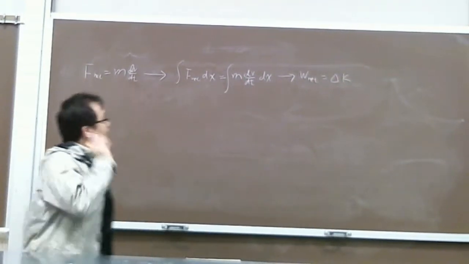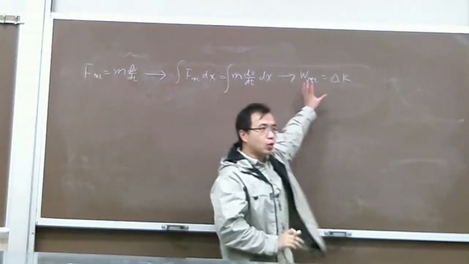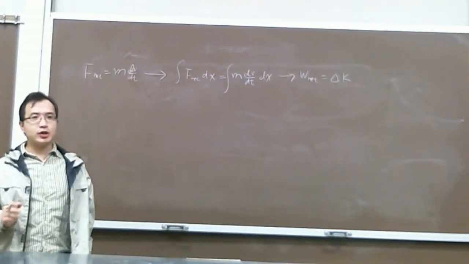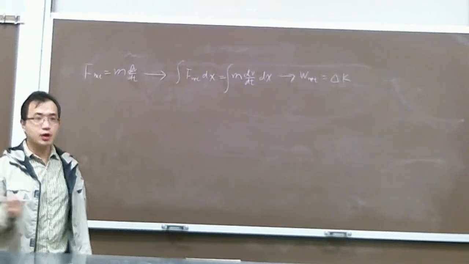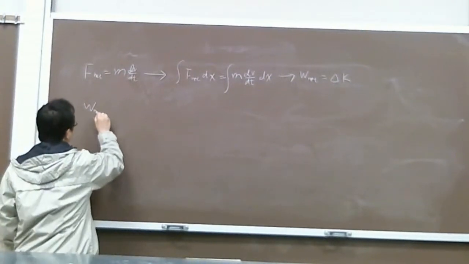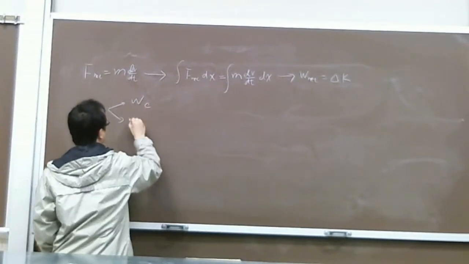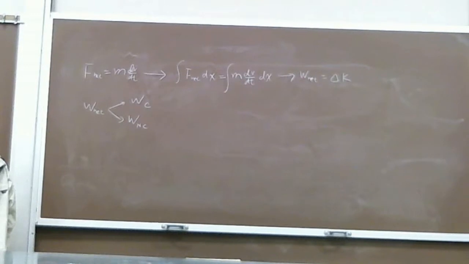Then we see that the W net, the work done by all the forces, can be evaluated by adding the work done by all the different individual forces. So we put them into two categories: the work done by the conservative force and the work done by the non-conservative force.